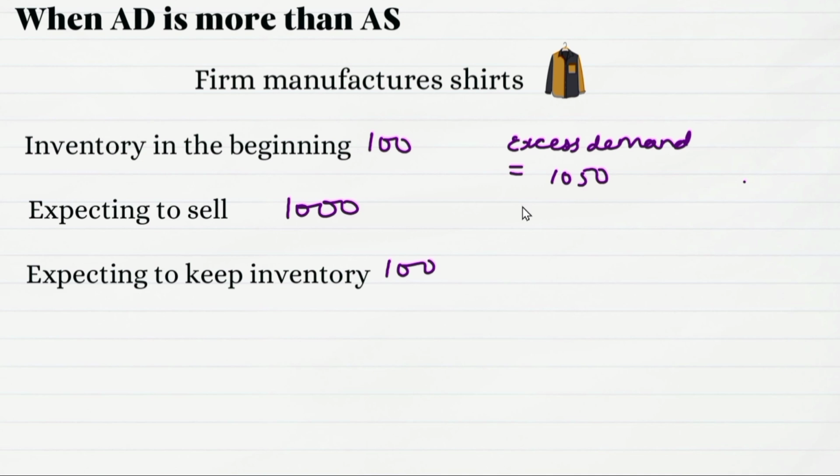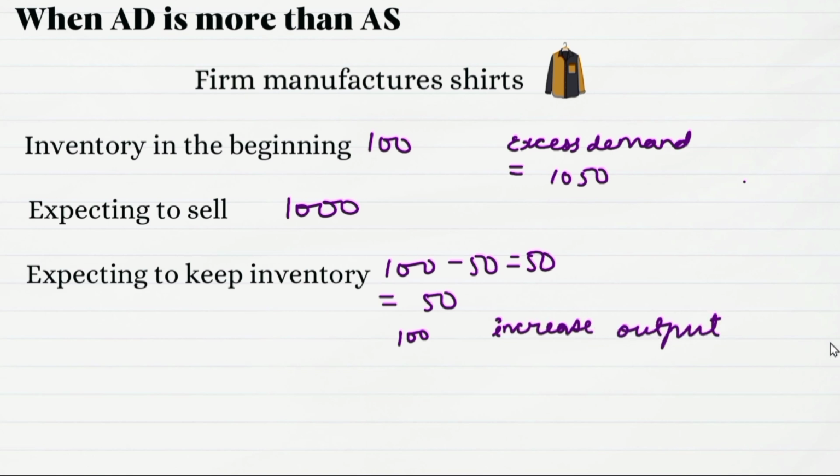Now the firm has to sell 50 shirts from its inventory stock. As a result, the inventory would be 50 shirts, which means the inventory has fallen below the desired level. Now, to bring the inventory back to the desired level of 100 shirts, the firm would resort to increasing the output until it is back to OY level.